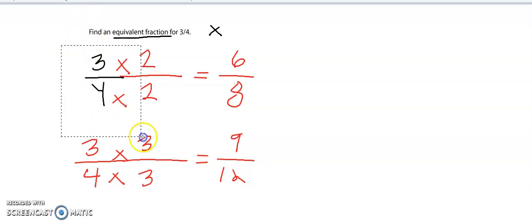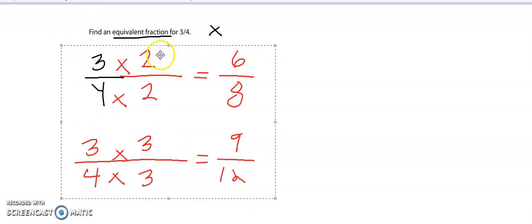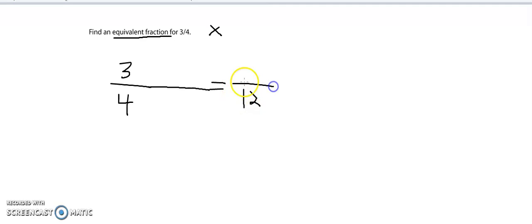Simple way. Now, if we have to find a missing number, okay, we have to find a missing number. So let's say we have 3/4, and we have our denominator as 12.